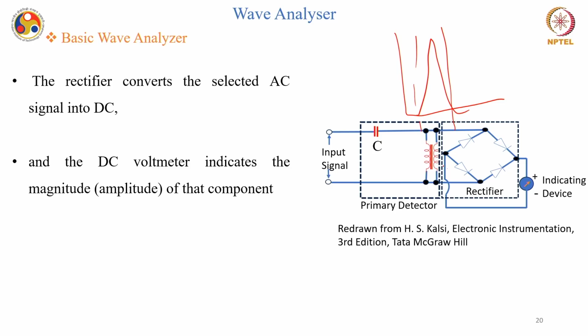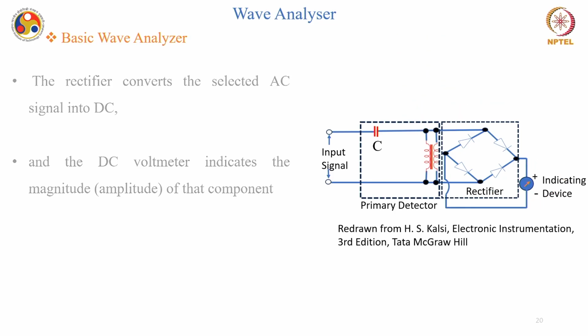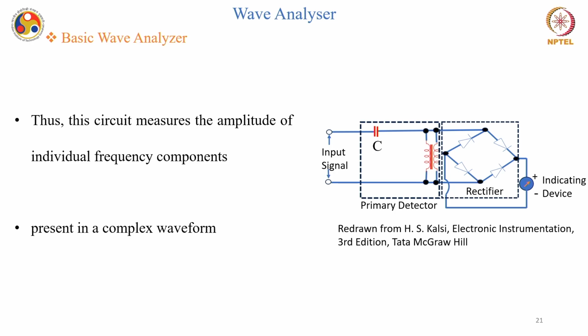Therefore, it perceives it as an AC signal and converts that AC signal into a DC signal. And the DC voltmeter, which is this indicating instrument, measures the amplitude component of this particular signal. Therefore, this circuit measures the amplitude of the individual frequency components present in the complex waveform, which was the input to this primary detector.